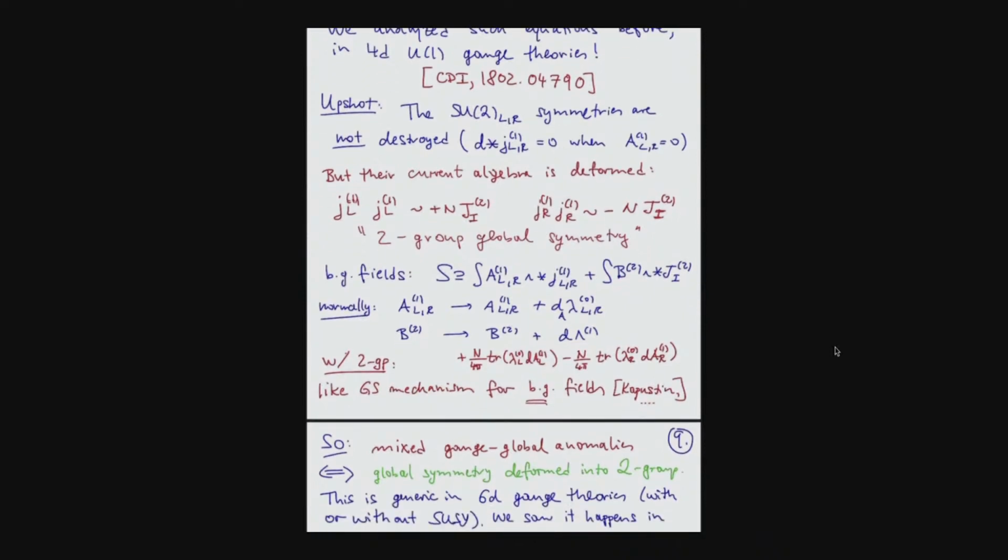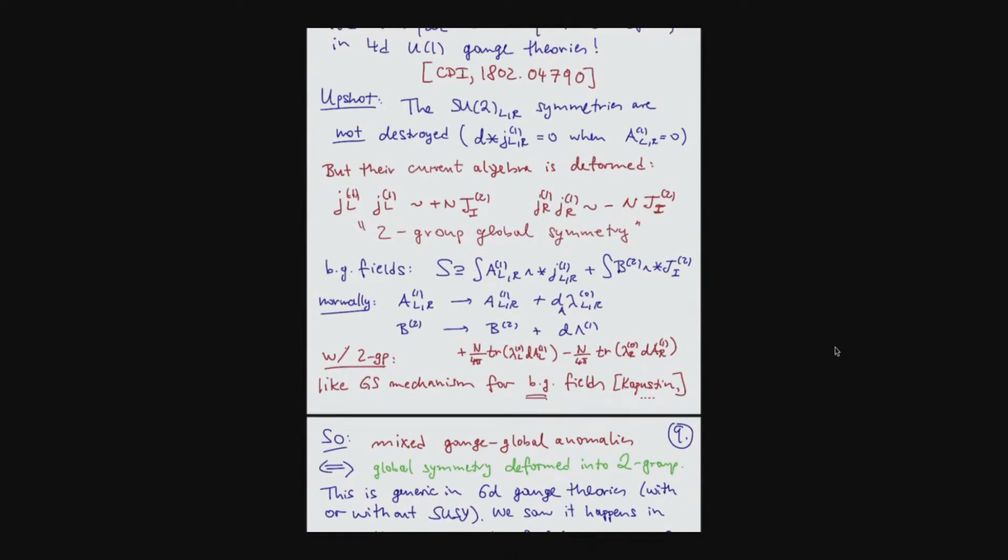And of course, we've already implicitly coupled the left and right R symmetry currents to their respective background gauge fields, which are ordinary one-form background gauge fields. And the normal thing to do, without asking too many questions, would just be to shift all of these by ordinary gauge transformations. In other words, these here would shift by D of some zero-form gauge parameters, and B would shift by D of some one-form gauge parameter.